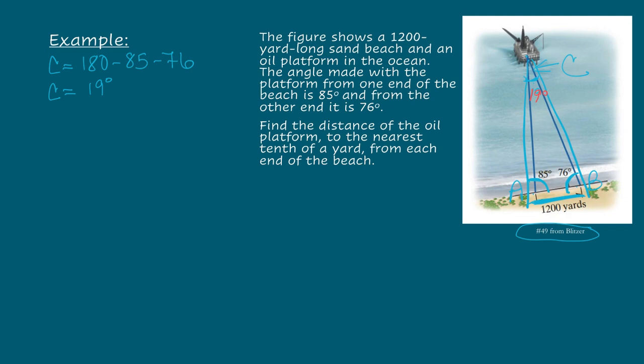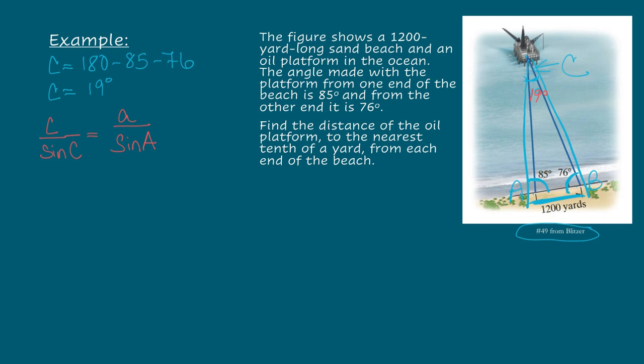So we can use that now and set up a ratio and use the law of sines to find A and B. Let's go ahead and use the ratio C over sine C and set that equal to A over sine A. So I am going to set that up: C over sine C equals A over sine A. And C is 1,200, and the angle for C is 19.